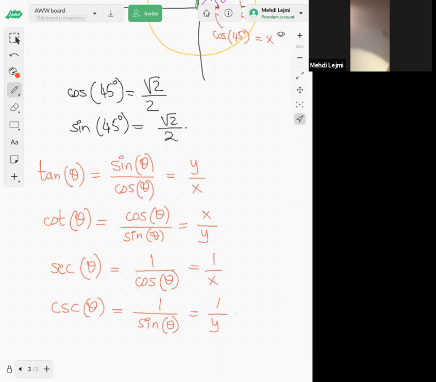Okay, so we're going to try to find the cosine and the sine of different angles. But before that, guys, let me remark one important thing.